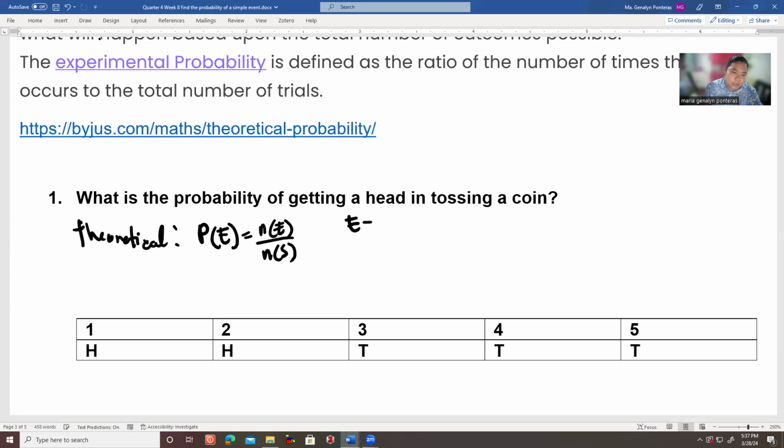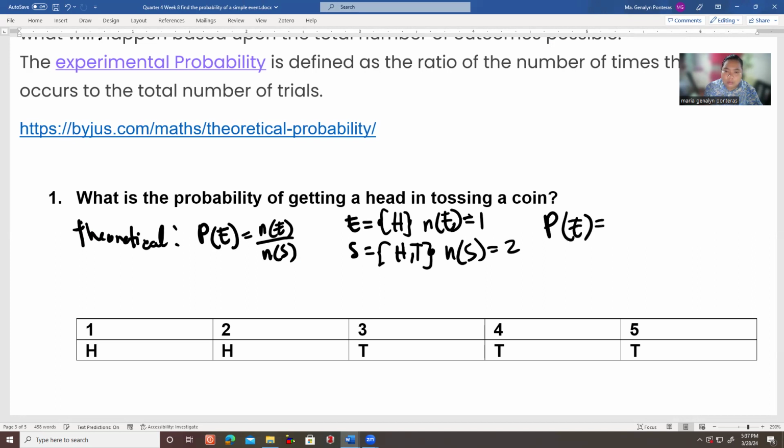Our event is we want head, so that is cardinality of 1. In the sample space, head and tail, the cardinality is 2. So P of E is equal to 1 over 2. In theoretical probability, getting a head is 1/2.